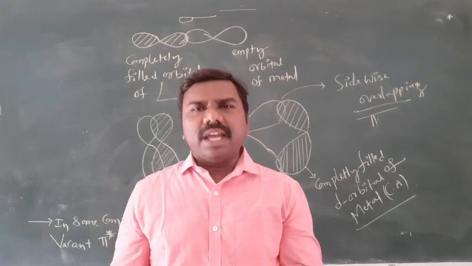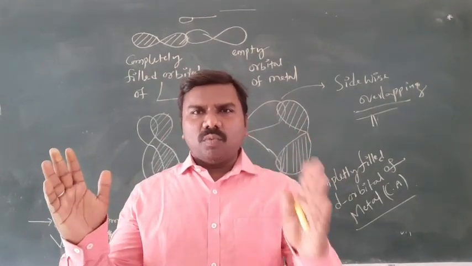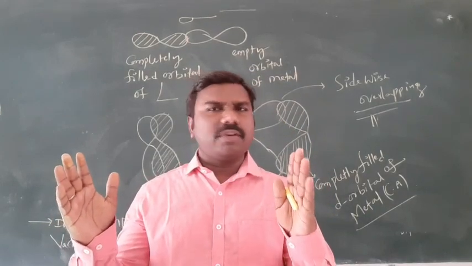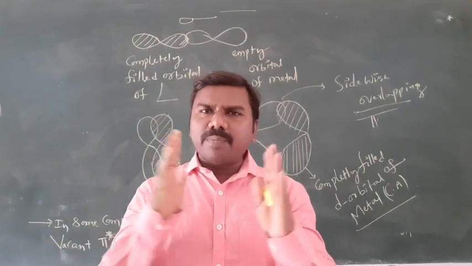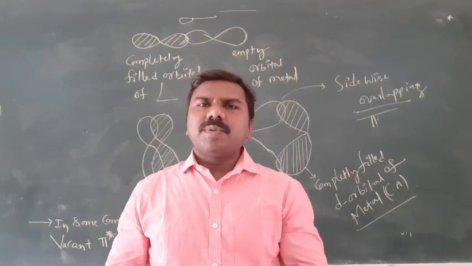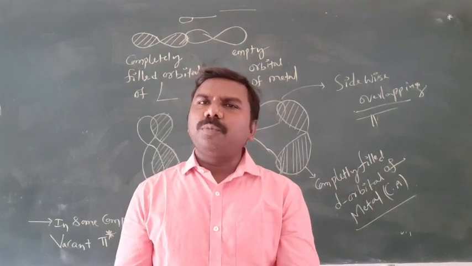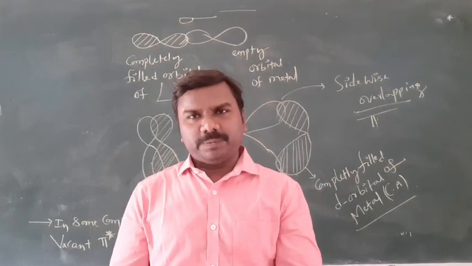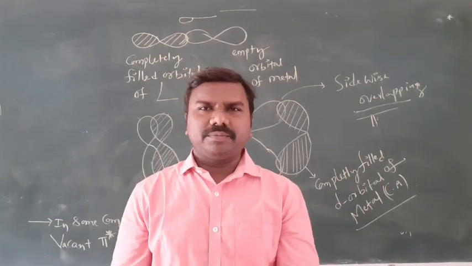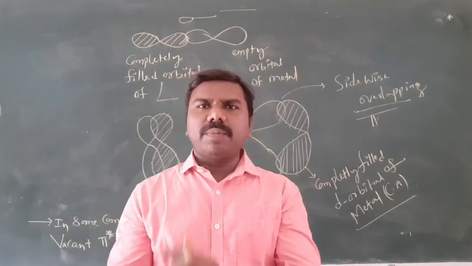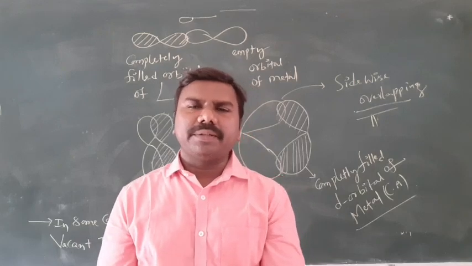If there is no pairing, in the beginning, spin will be plus half or minus half. 1, 2, 3, 4, 5, like that. All are unpaired electrons. Spin will be plus half, 5 into plus half, 2.5. Spin is more. In presence of strong field ligand, these will be paired. First one paired, second one paired, third one will be unpaired.